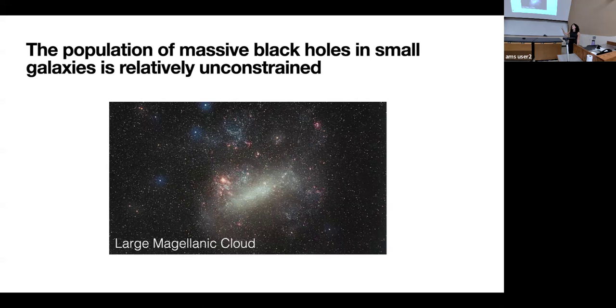And even though this dwarf galaxy is in our galactic backyard, we actually don't know whether the Large Magellanic Cloud has a black hole at its center. And in fact, there's even debate over where the center of this galaxy is. So it's hard to know where to look. And all we can say is that if there is a black hole here, it's not very active. It's very quiet.